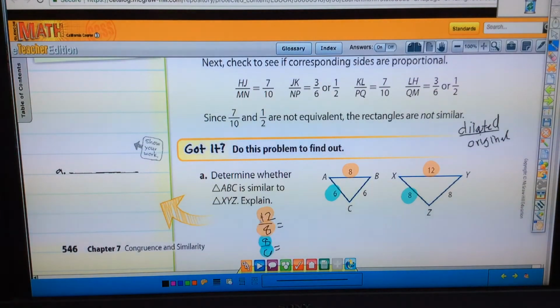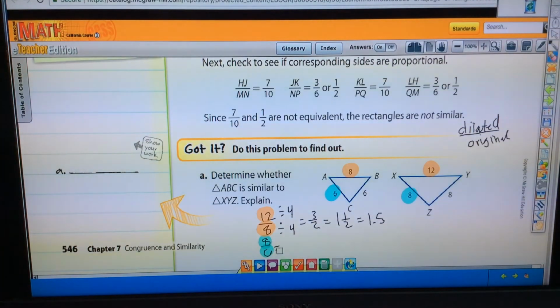If you reduce this down, I can divide both of these by 4. That's going to get me 3 halves, otherwise known as 1 1/2, or 1.5 if you prefer.